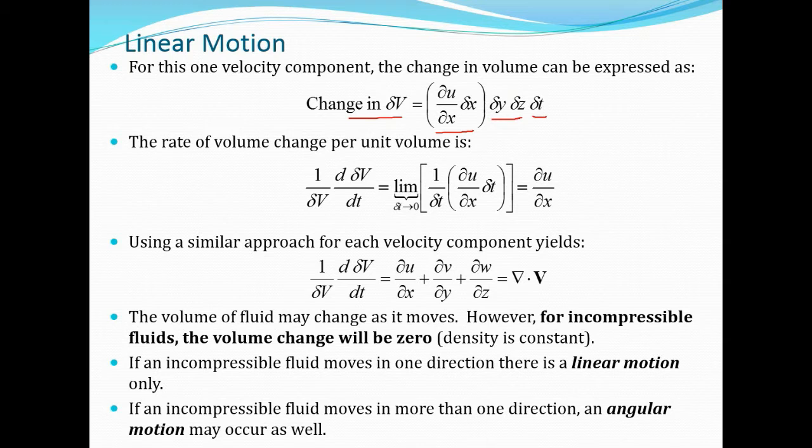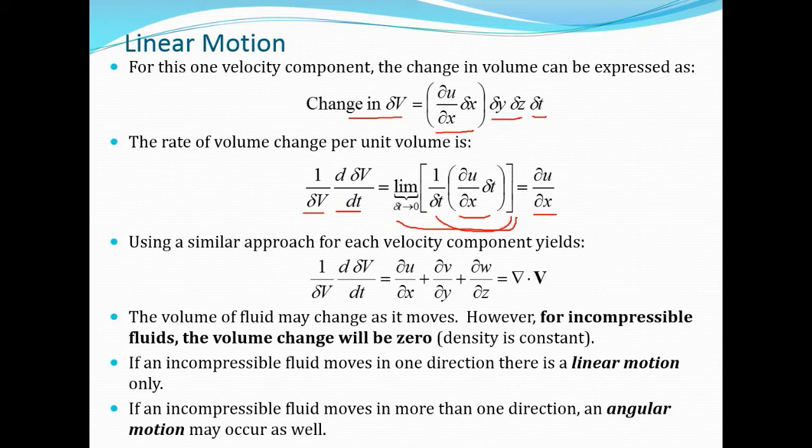And we could take a normalized look at the change in volume. So 1 over dV times the change in dV/dt would be the limit as dt goes to 0 of this change in velocity, which would just be the derivative. That's, in fact, if you remember way back to your early calculus days, the definition of the derivative is this limit as dt goes to 0 of this term.